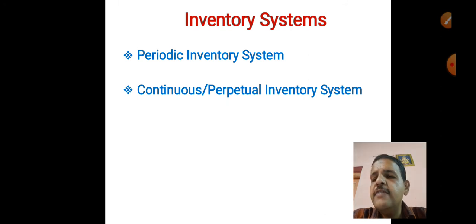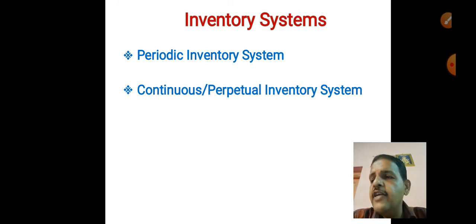The periodic inventory system is a system in which stock taking is done only once in a year or once in a particular period. It is done at one sitting only. It requires a temporary stock taking committee. The normal working of the concern is affected, but it is usually cheaper because it is once in a year, and discrepancies, if any, are reported at the end of the year.